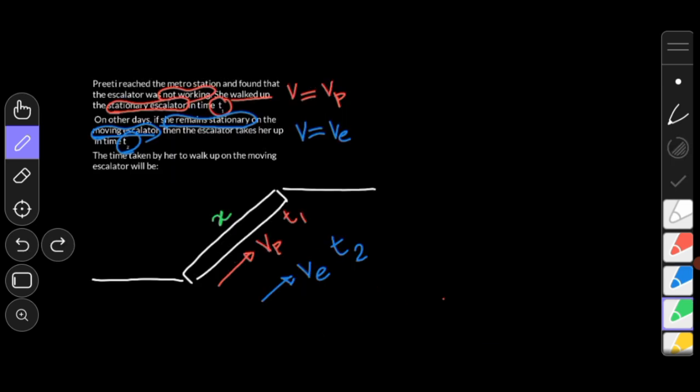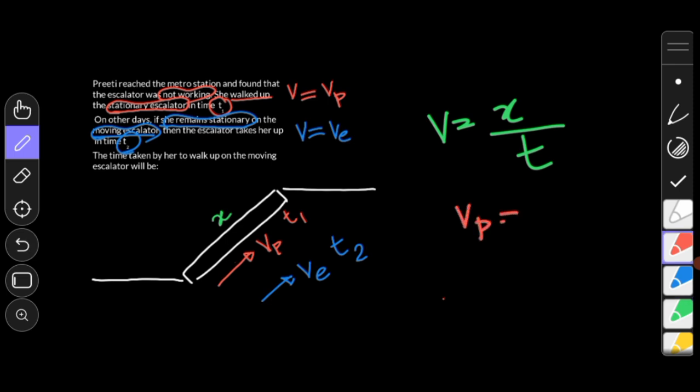And we know that velocity is equal to distance or displacement by time. So in the first case, velocity of Preeti would be x by t1, and from the second case we can derive that velocity of the escalator is equal to x by t2.